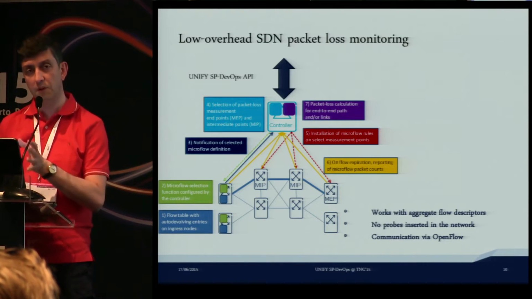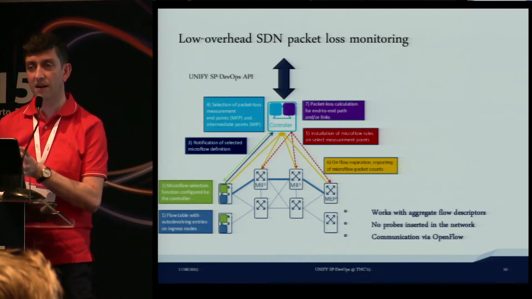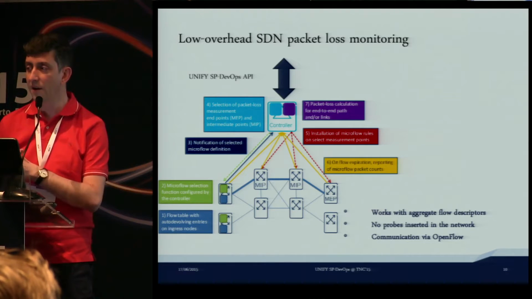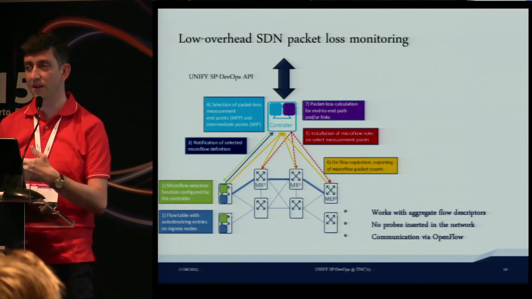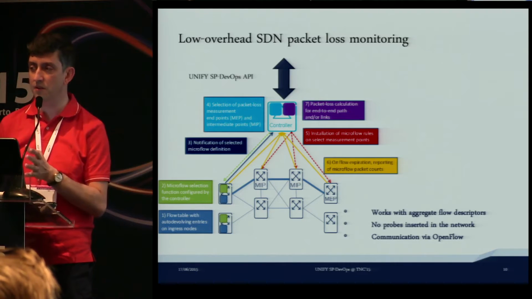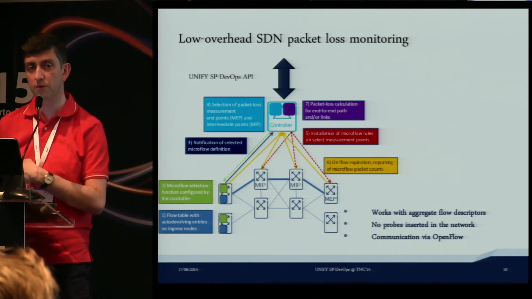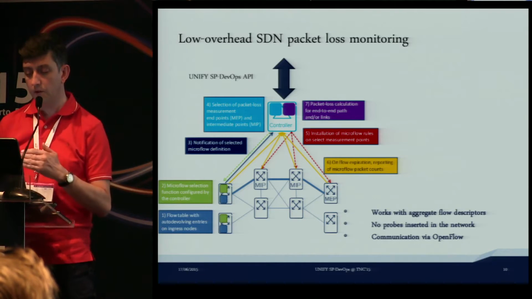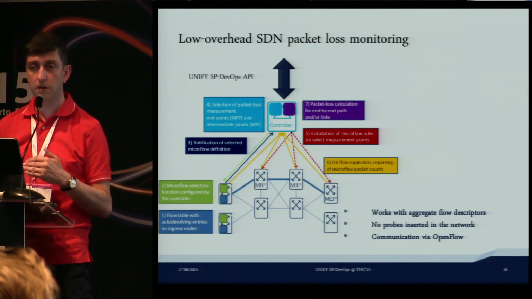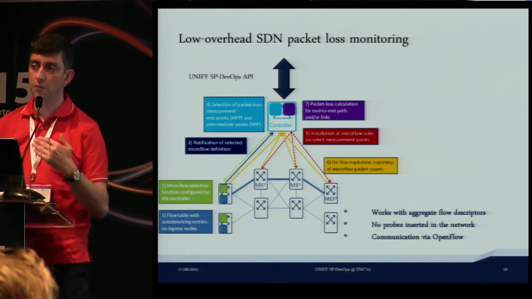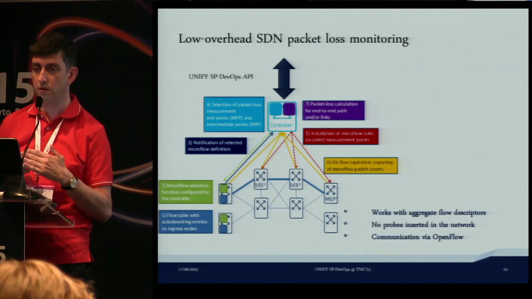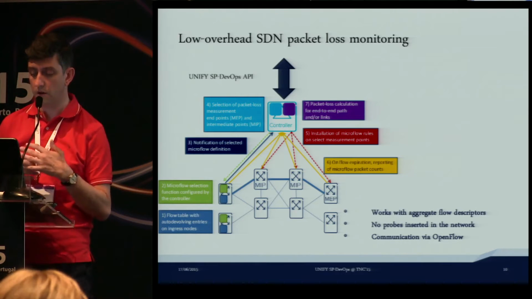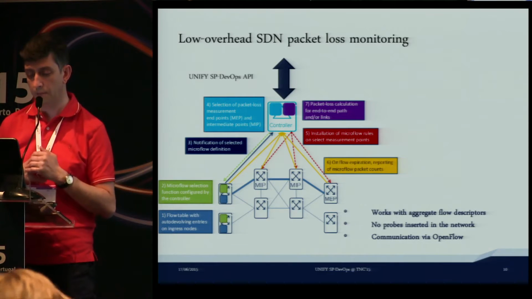It's, of course, a little bit more complex than I'm summarizing it right now, but we don't really have the time in this presentation to go into the details. I'll be happy to talk to you afterwards if there are questions. One of the advantages of this method is that we are not inserting any probes into the network infrastructure. We are using the traffic that the user is generating anyway.